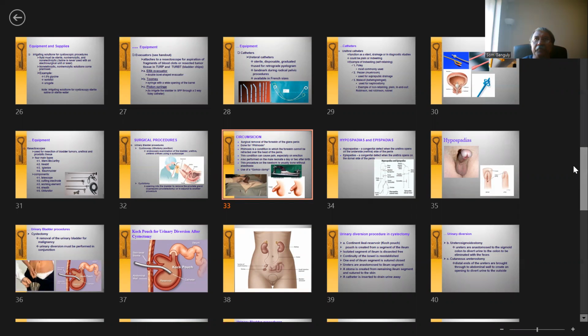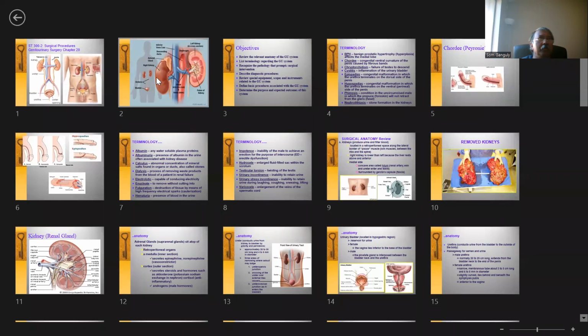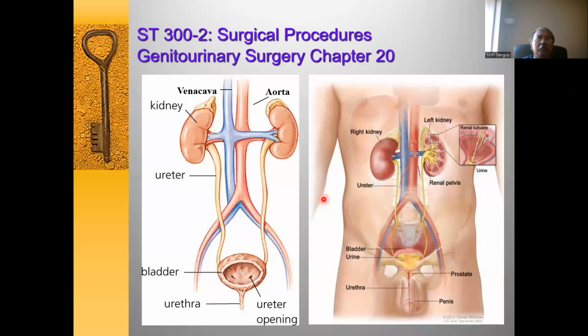So to go back to refresh the anatomy of the genitourinary system, we see here in this illustration kidneys bilaterally located retroperitoneally.